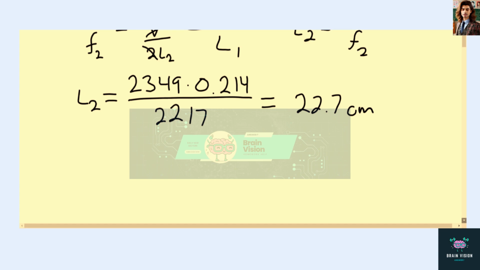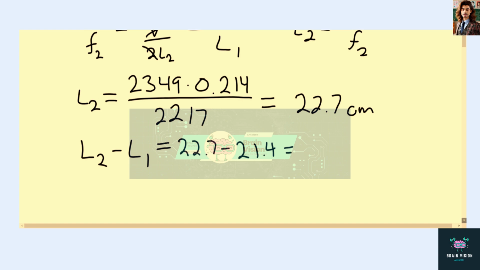We're looking for how far away this next fret has to be from the first fret, which means we need to take L2 minus L1. So L2 minus L1 is equal to 22.7 minus 21.4. And like I said, there are some extra decimals after 22.7.